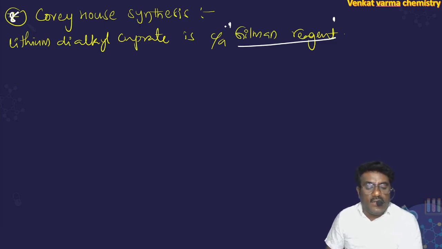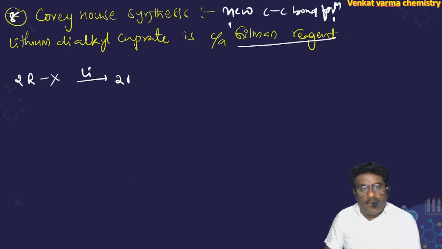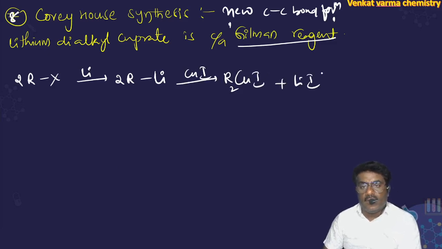In this, there is also new carbon-carbon bond formation. In the Corey-House synthesis, alkyl halide reacts with lithium to form alkyl lithium. Alkyl lithium with copper iodide forms dialkyl copper lithium and lithium iodide.